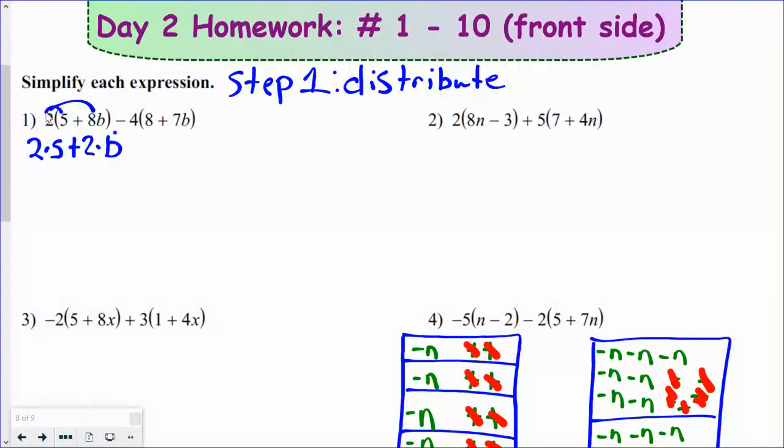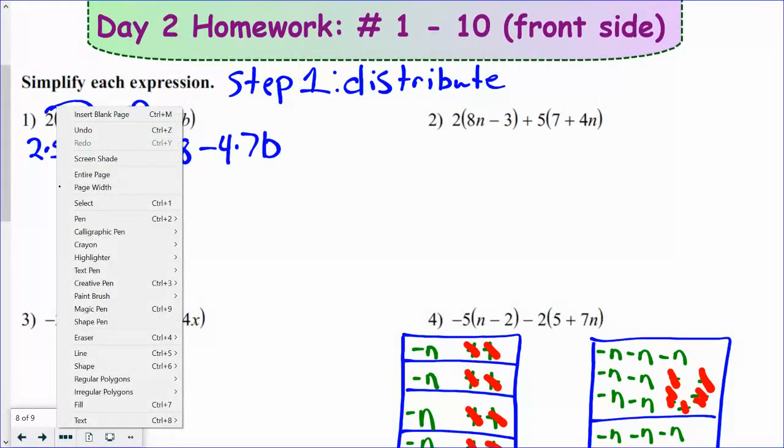But this time, we have 2 that we need to distribute. Okay? So now I have my negative 4. So negative 4 times 8 and negative 4 times 7b.